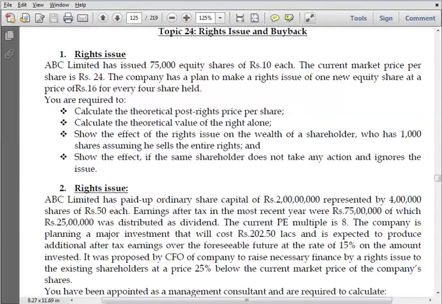Your X rights price, that is post the rights issue is done, the share price is going to be 22.4. So that right which you have is worth 6.4 rupees. Every right you have, one right to buy a share, is worth 6.4 rupees because nobody else can buy this at 16. An existing shareholder only gets it at 16.